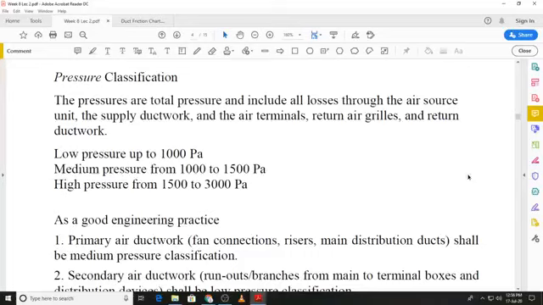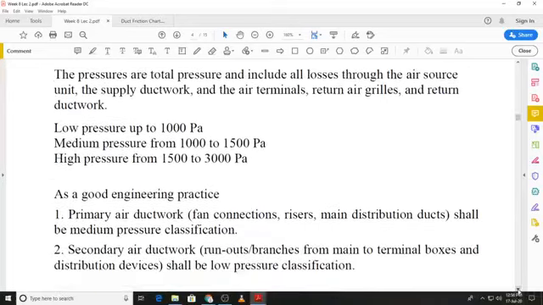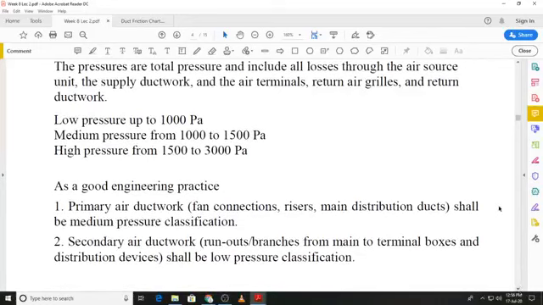If you look at the general features of a duct system, you will see that the primary or the main ducts are generally medium pressure, and the secondary duct system, that is the branches or runouts etc., are low pressure classification.